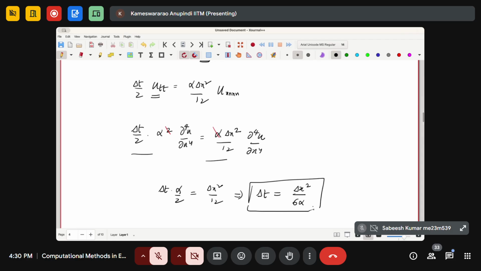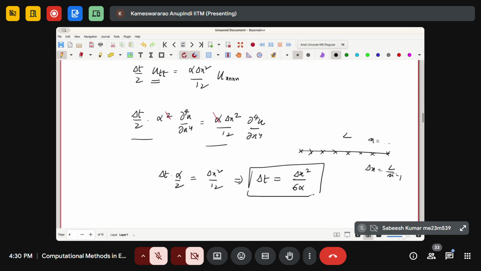Once you have decided on the Δx, that means once you take some domain L and put in, let us say, n number of points, that fixes your Δx. You take it as L/n or L/(n-1), depending on how you have counted, whether from 1 to n or 0 to n. Once you have Δx, take the square of Δx and divide it by 6α, where α is the thermal diffusivity.